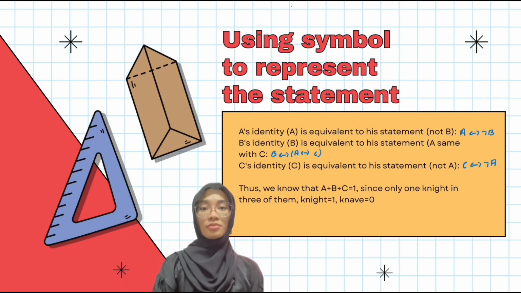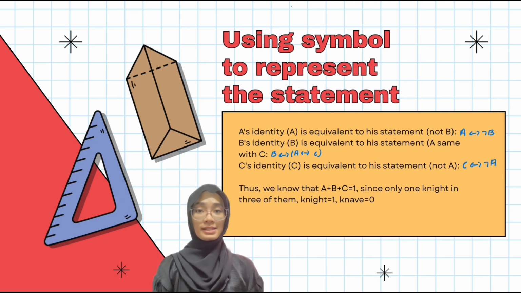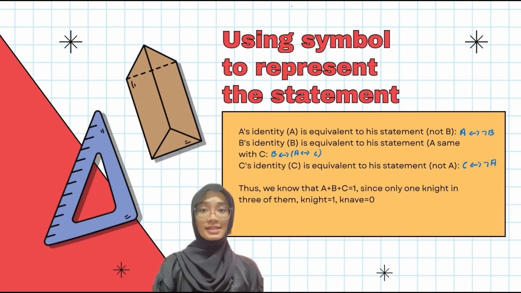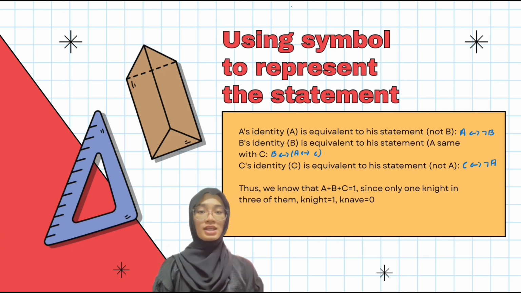Thus, the logical symbol is A is equivalent to not B. Meanwhile, B's identity must match the statement A and C are the same type, which means B is equivalent to A same with C. C's identity must match the statement A is a knave, which is C is equivalent to not A. Thus, we get the equation A plus B plus C equals 1, since there is only one knight among the 3 of them. After representing the statements logically, we can compare them with each person's identity and continue solving the puzzle step by step.